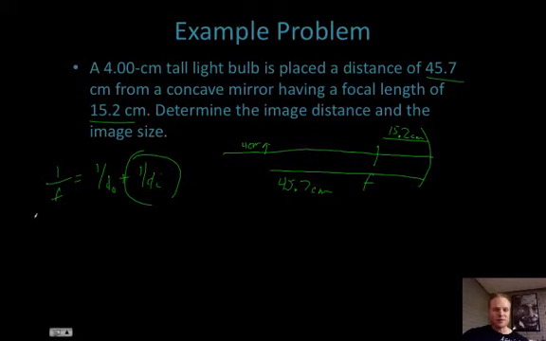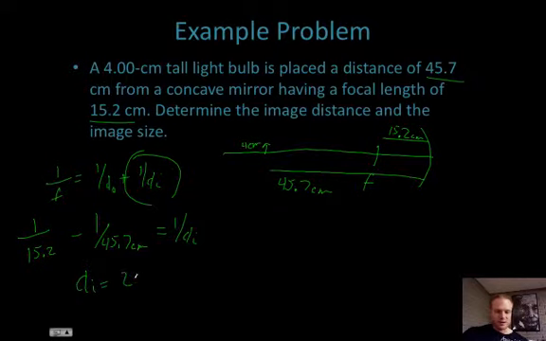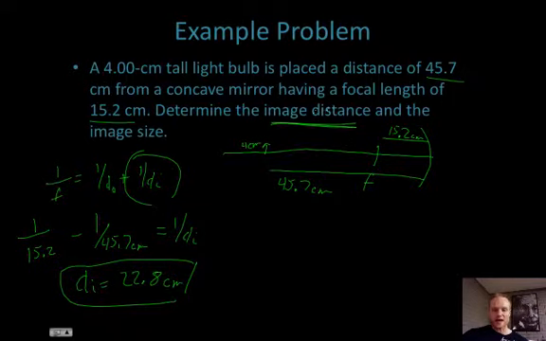If I plug my numbers in, I get 1 over the focal length, 15.2 centimeters, minus 1 over do, 45.7 centimeters, equals 1 over di. If you do the math and solve, I get a distance for the image of 22.8 centimeters. So that does this part, determine the image distance. We got that.